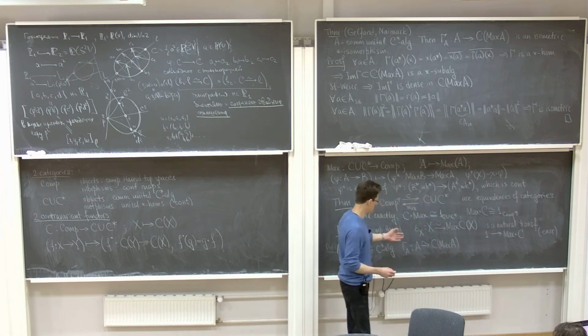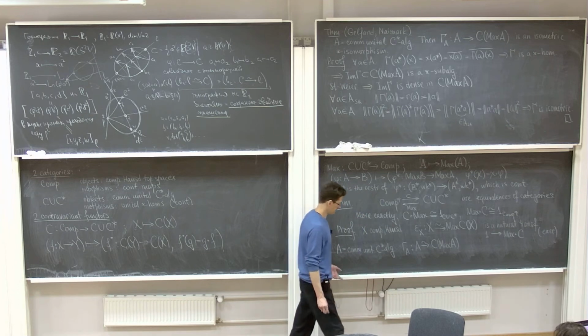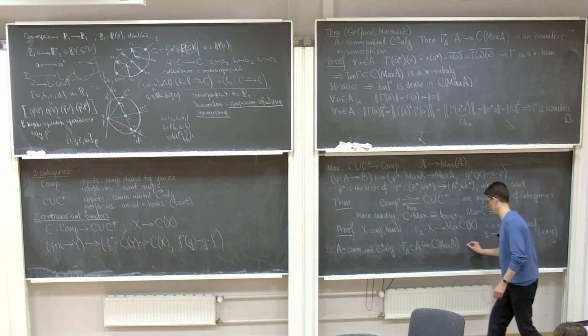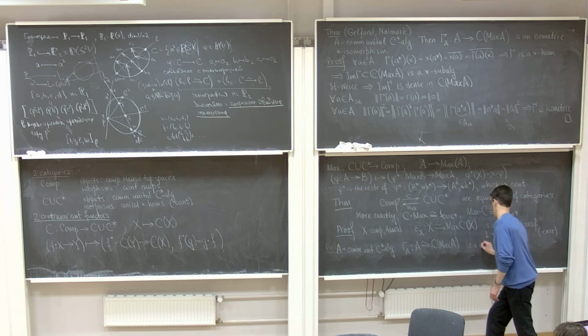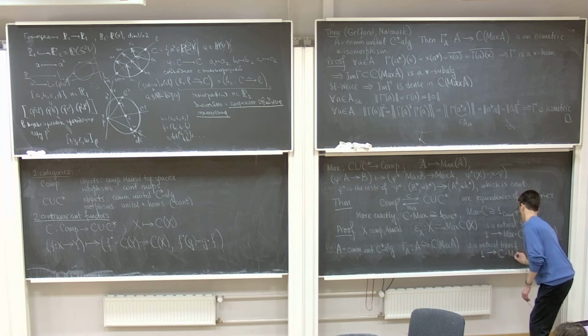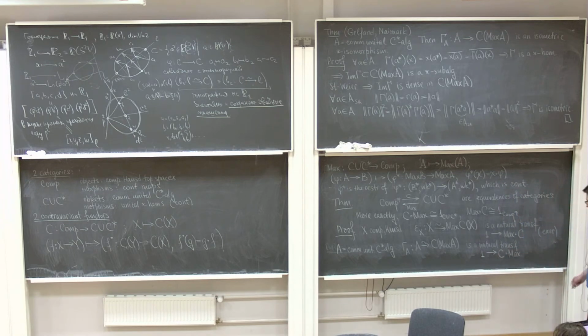But if we consider all such Gelfand transforms, then again it is elementary to check that this is a natural transformation from the identity functor to C composed with max. And this completes the proof. This means exactly that C and max are quasi-inverse equivalences of categories.